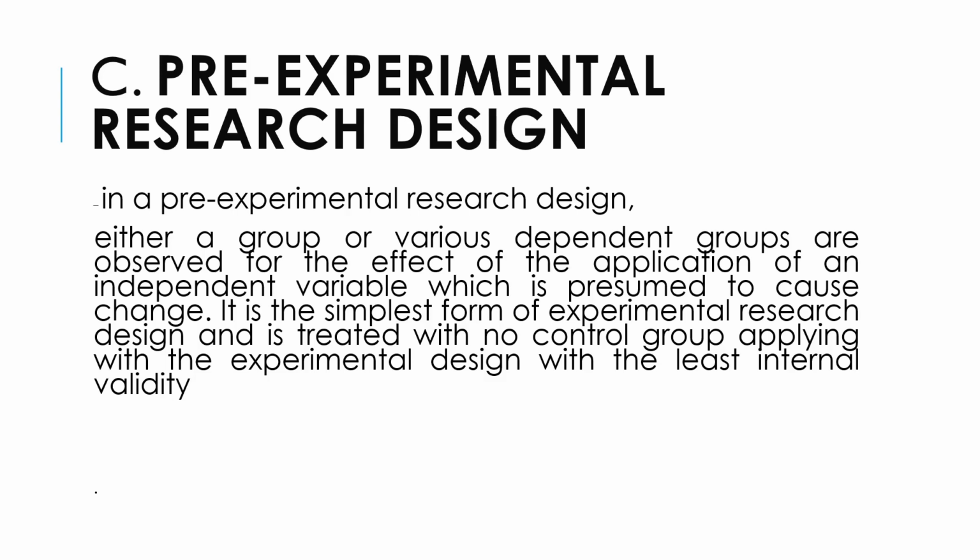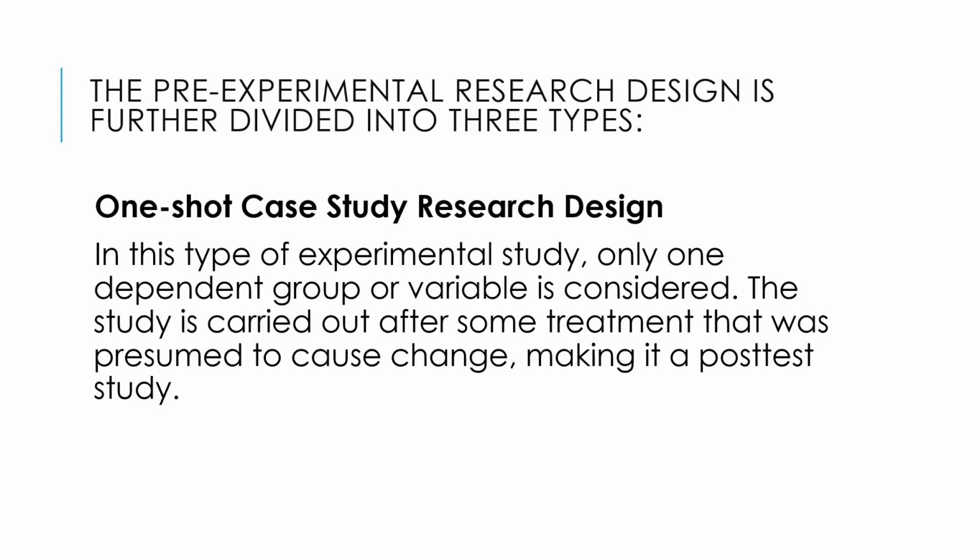What could be an example of a pre-experimental design? Dependent groups are observed for the effect of the application of the independent variable, which is presumed to cause change, with no control group. So, we have the one-shot case study under pre-experimental design.